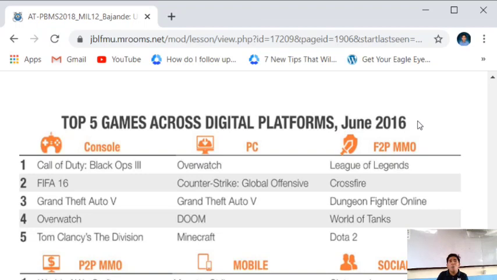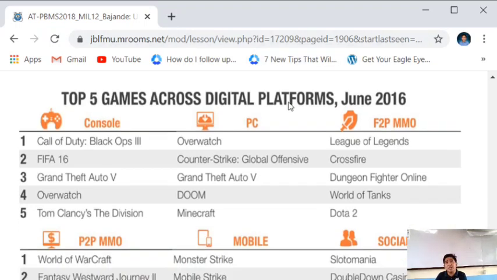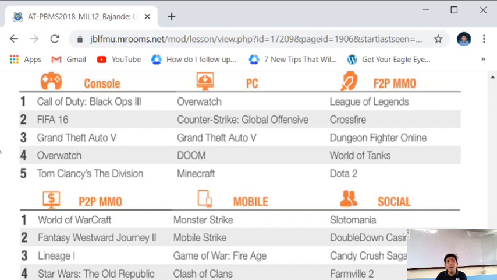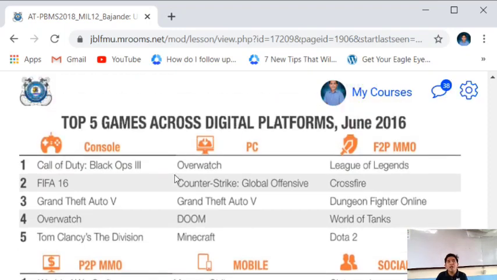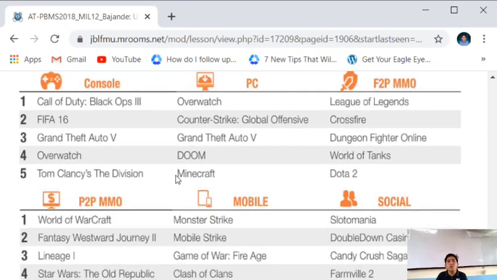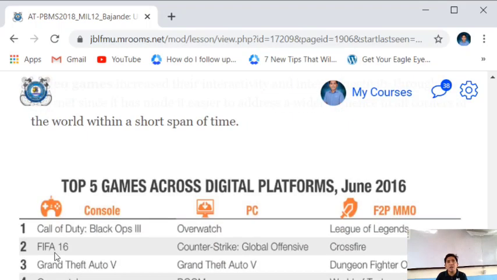I don't know about now, because this is from June 2016. It's Call of Duty, game number 1, FIFA, Grand Theft Auto, Overwatch. Some of it I am not familiar with. Next, Counter-Strike.